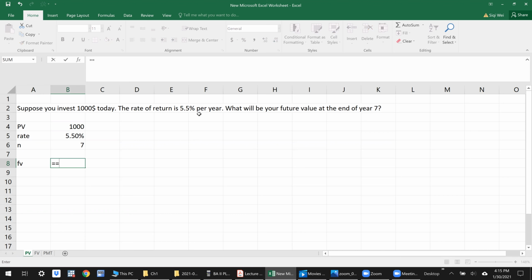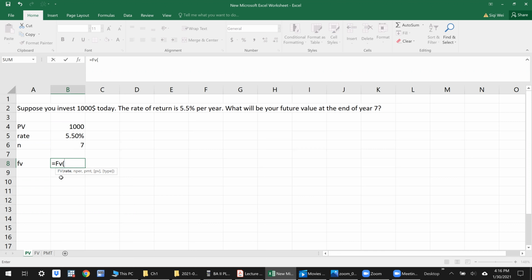Okay, so this is the set of your calculation inputs. Now in Excel, you have a function called future value, FV. If you input the equal sign, it will trigger the Excel function environment.